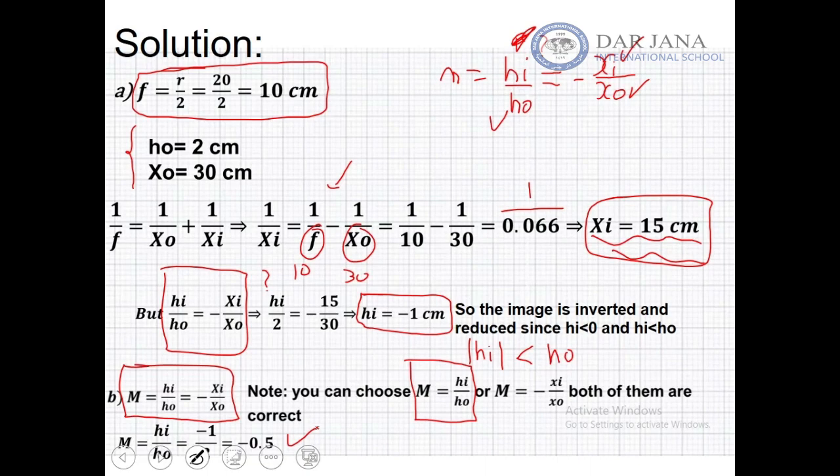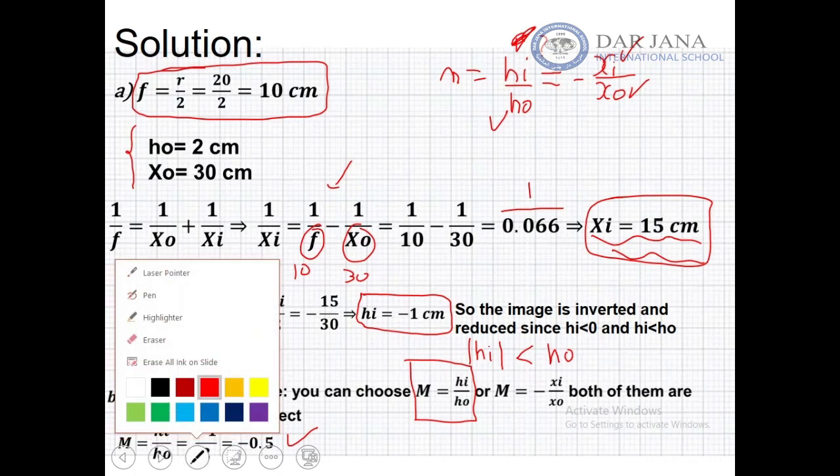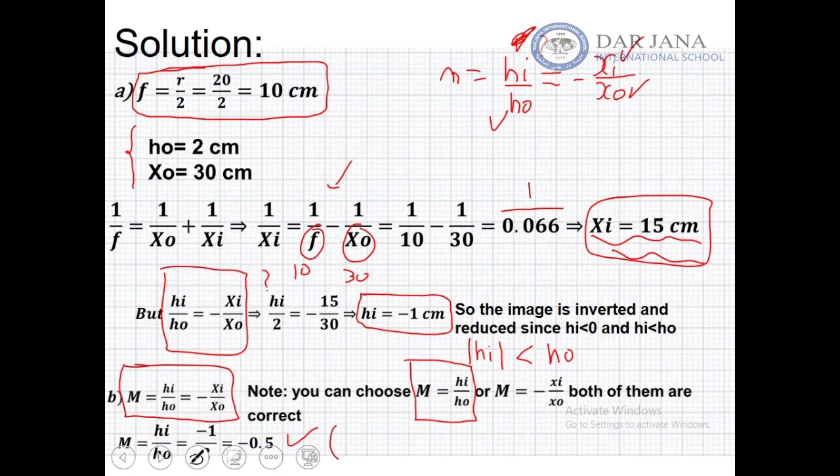So far so good. Now, the magnification here is negative, this means that the image will be what? Since the magnification is negative, so m is less than 0, this implies that in this case the image will be real and inverted.